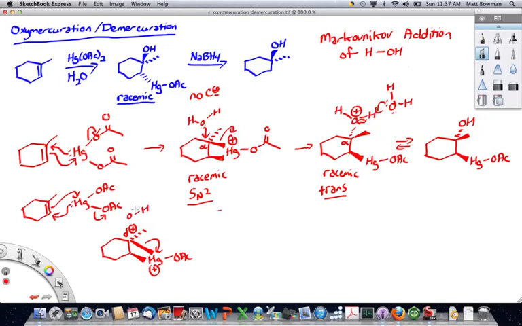And that is what attracts even the weak nucleophile of water. So that's the reason for the stereochemistry and also the regiochemistry, where the water attacks.